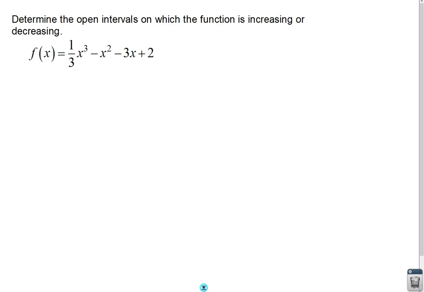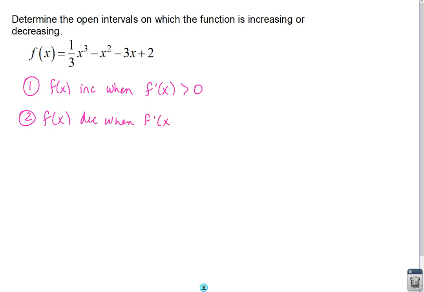So to get us started, we've got the function f of x equals 1/3 x cubed, and so we have a cubic function. I know that f of x is increasing when f prime of x is positive, and I know that it's decreasing when f prime of x is negative.